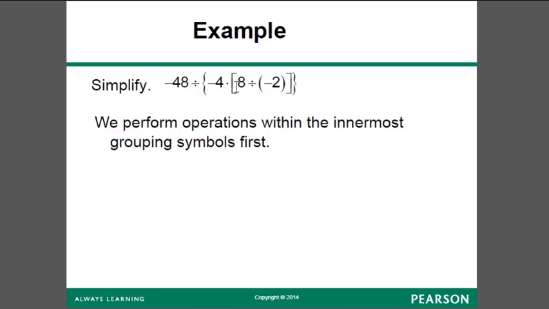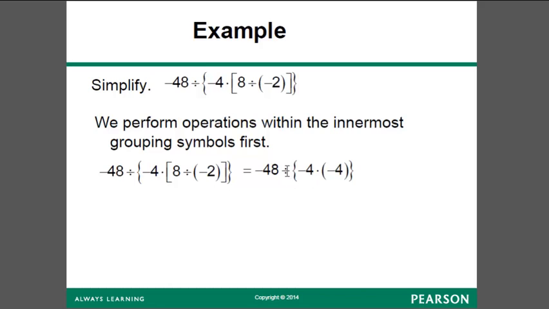I can't at the moment, but I notice that I can do something with the 8 divided by negative 2. That will be my first step. 8 divided by negative 2 will give me a negative 4. I continue inside the grouping symbols, and I do negative 4 times negative 4.